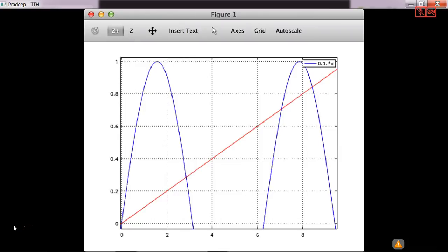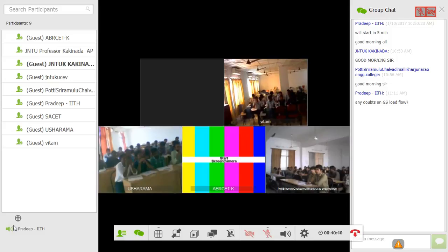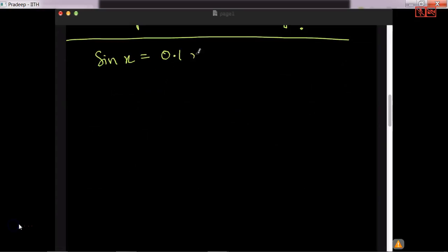Now, I'll also show you one more plot. So I hope you understood this plot for sin x equal to x. So 0.1 into x.